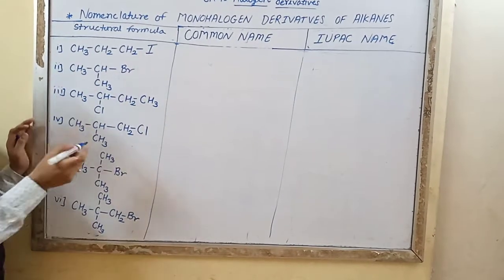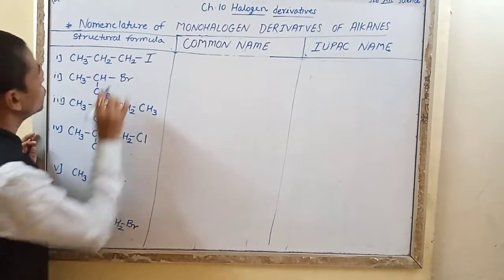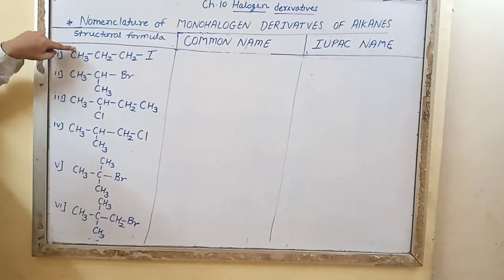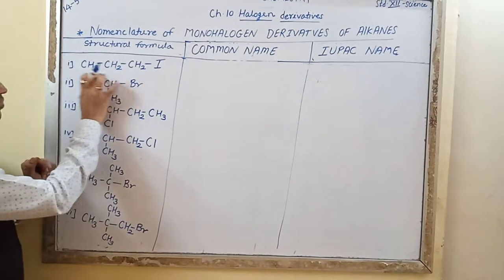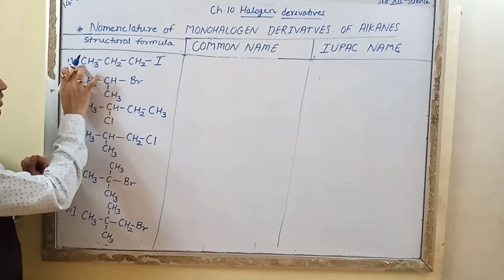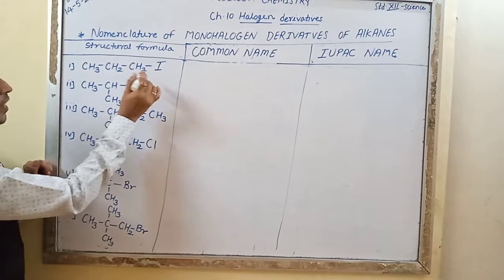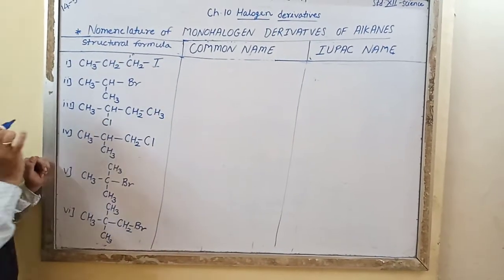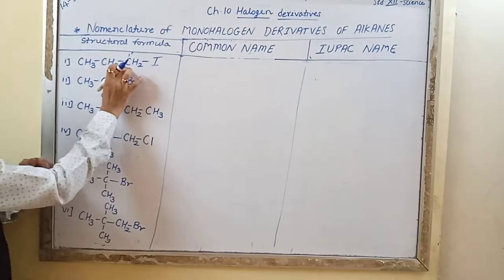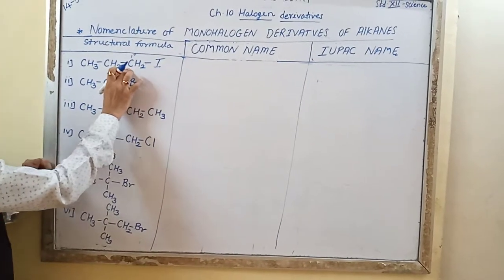Look at here. In order to give common name, you must count all the carbon atoms present in the structural formula. First, see the first structure. In this structure, there are 3 carbon atoms. Total number of carbon atoms are 3. And here, this carbon atom is the primary carbon atom, and to this primary carbon atom, iodine atom is attached.